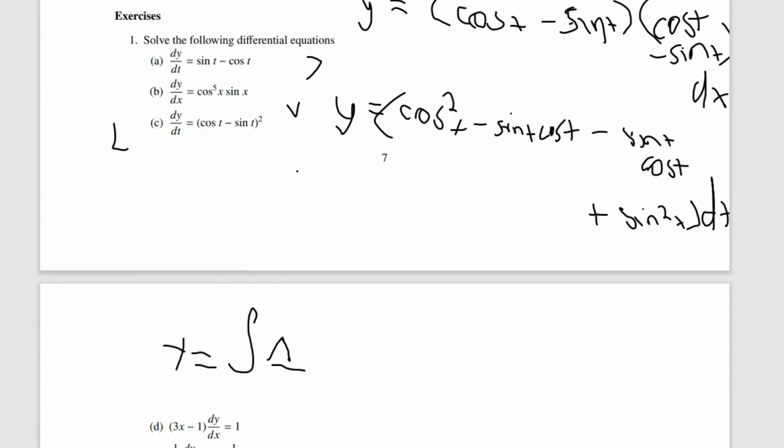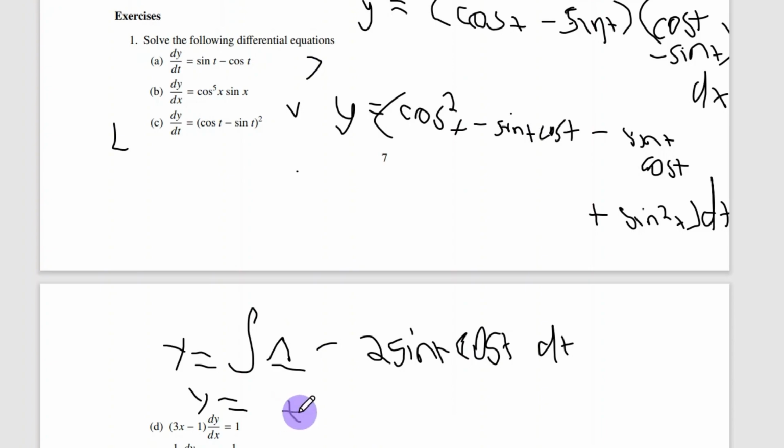Now minus sin t cos t minus sin t cos t, that is minus 2 sin t cos t dt. Then y is equal to something like t minus sin square t plus c.